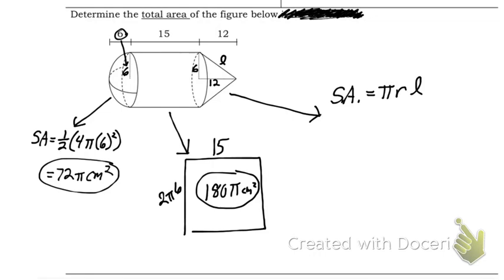Not 6 times 12. Pythagorean theorem for a triangle. So we should be using the Pythagorean theorem. Try to simplify it if you can, too.